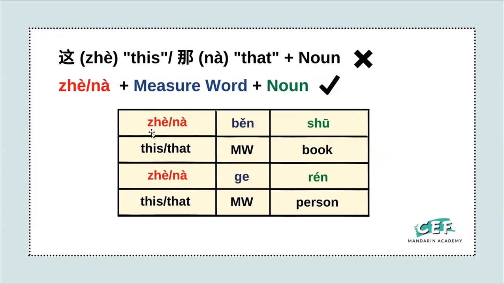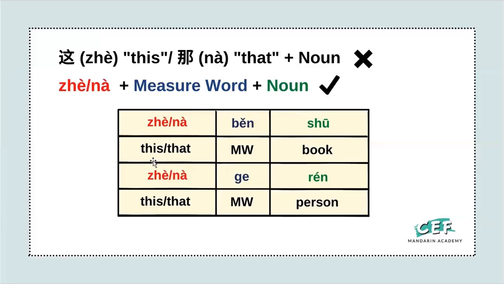Okay, let's see this. 这本书. So 本 is the measure word for book. What is the meaning of 这本书? It means this book. Okay, so 那本书, what's the meaning of 那本书? It means that book.